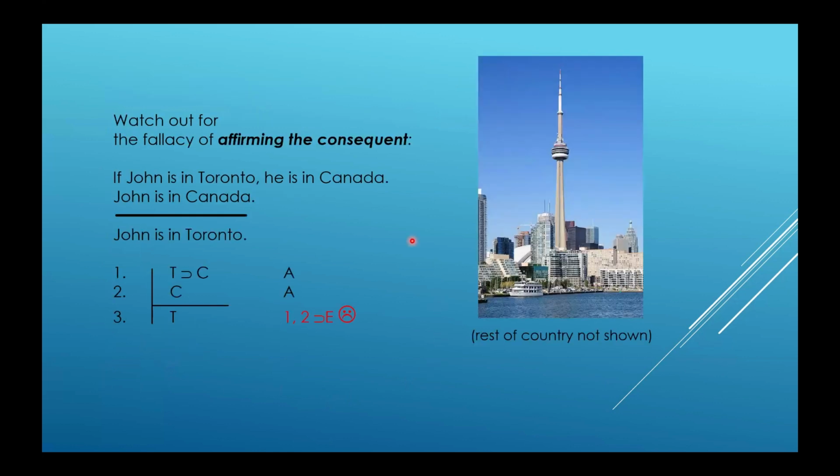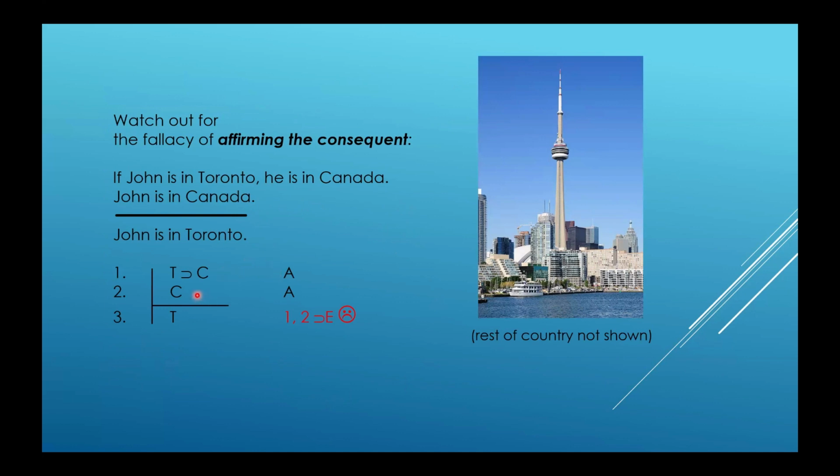There are a couple of things you want to watch out for here. One of these is a classic fallacy called the fallacy of affirming the consequent. It's a classic fallacy because it looks like conditional elimination, but it isn't. So the inference goes like this: if John is in Toronto, he is in Canada. John is in Canada, therefore John is in Toronto.